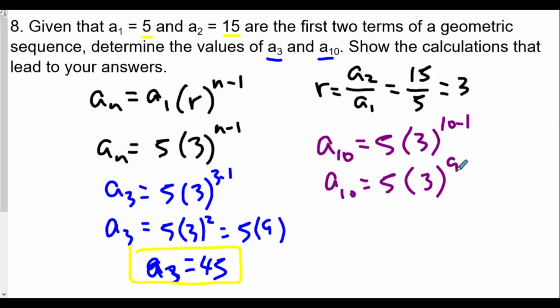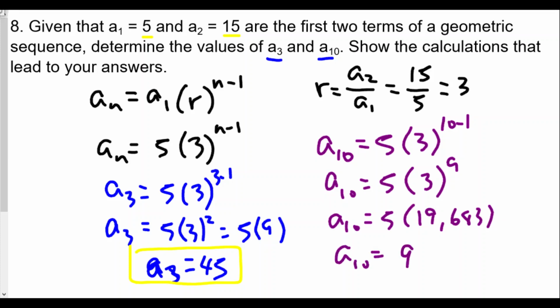We get 19,683. So A10 is equal to 5 times 19,683. We multiply that number by 5, and with the calculator it's not so bad: 98,415. It is much easier to use this formula to find the nth term. Again, remember, the first term times R raised to n minus 1. That is how we find our nth term here.